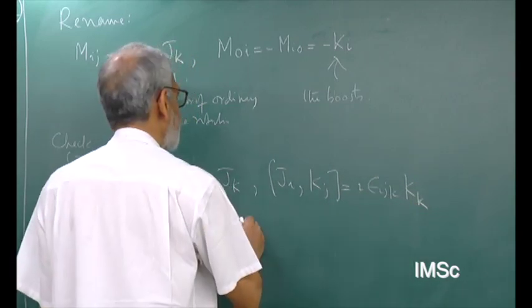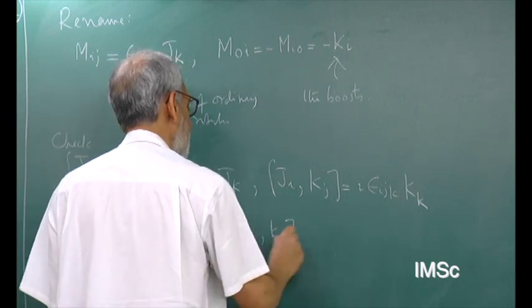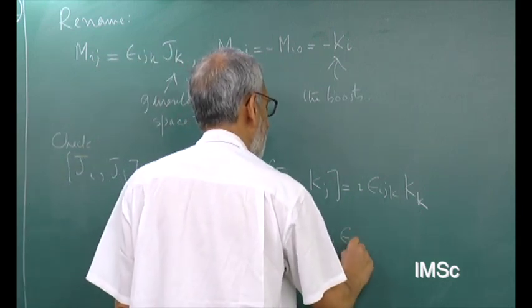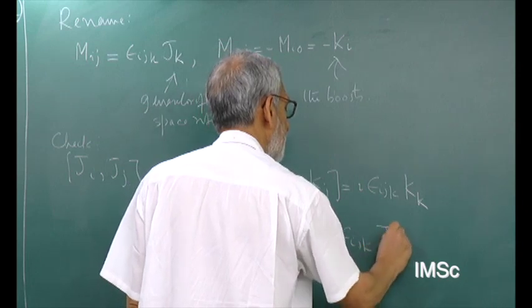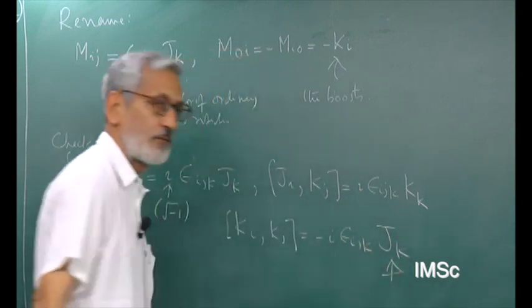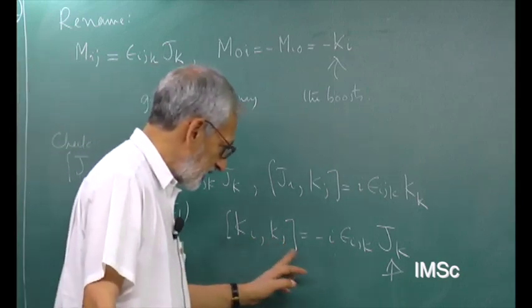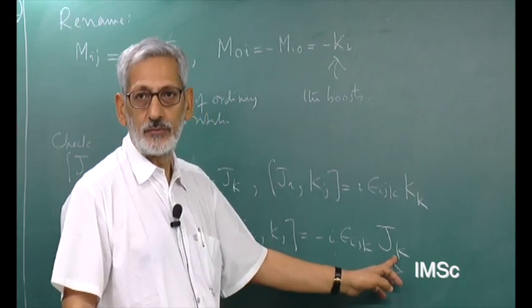And then next, Ki, Kj is minus i epsilon ijk Jk. Important to note, the commutator of two Ki's is not a Ki but a Ji.